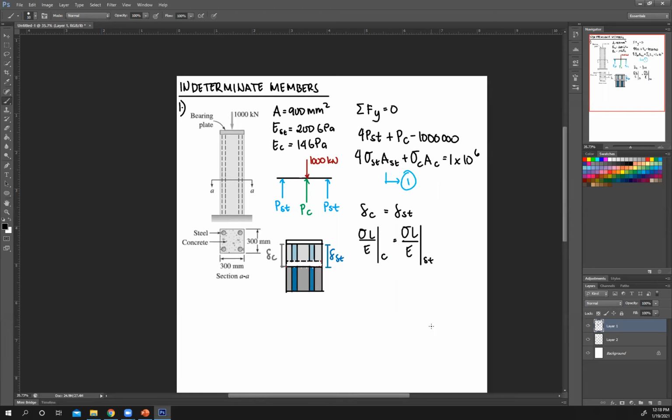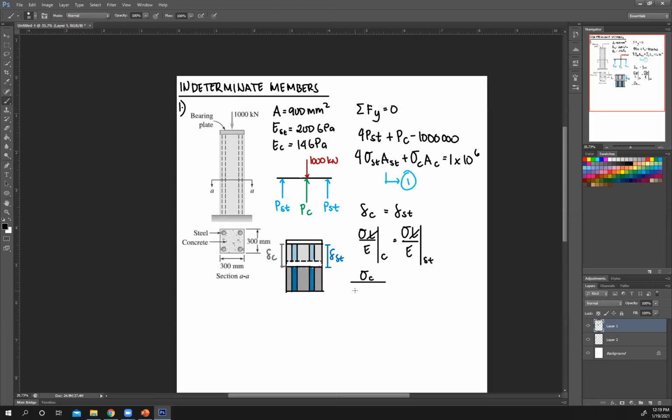Now just sub in your values. So sigma ST, sigma C. Then this is the original length of concrete, and original length of steel member. And as you can see, they're equal, right? Based on this drawing. Therefore, I can just cancel out L. So I'm left with stress of concrete over modulus of elasticity of concrete, which is given 14 GPa.